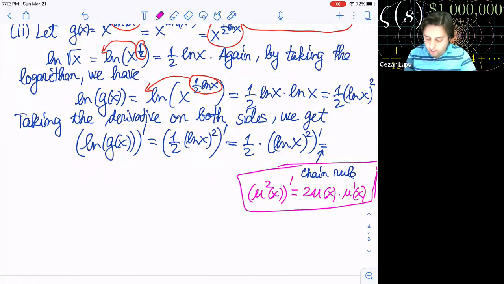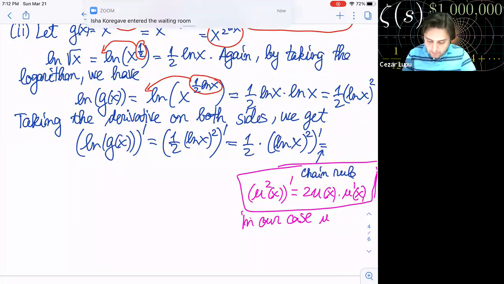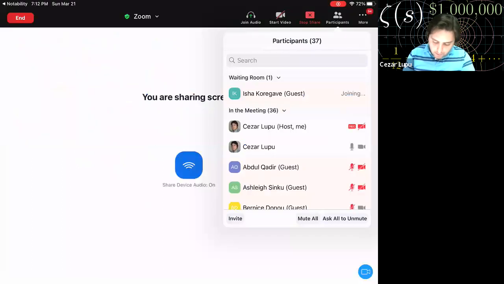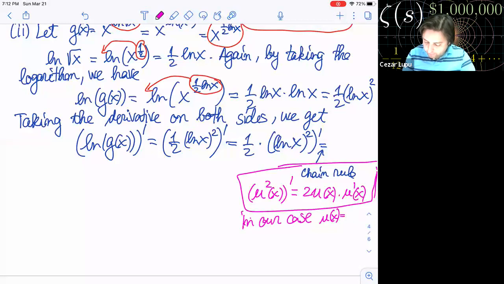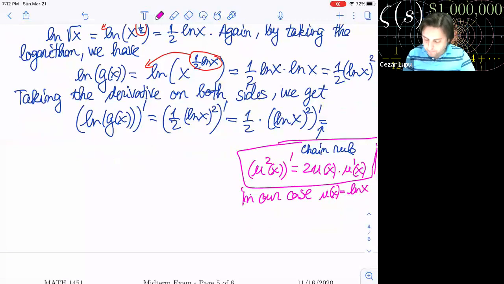In our case, our function u of x is ln of x, right?